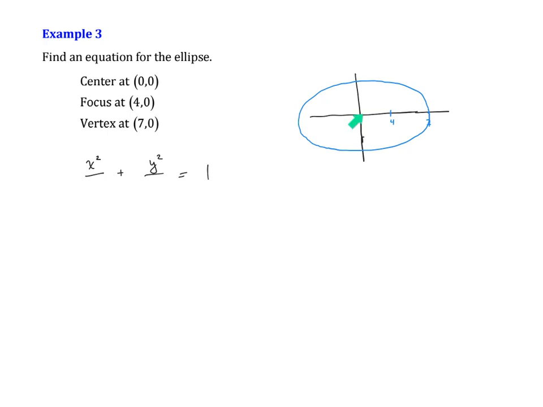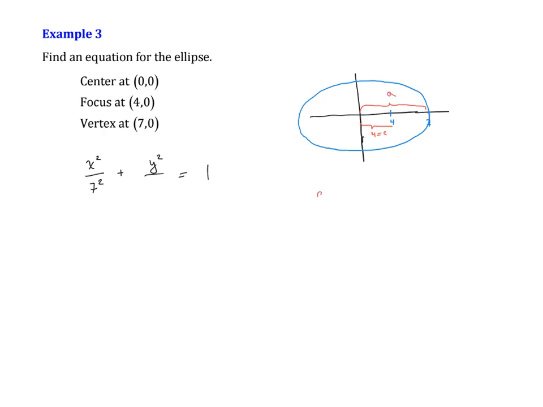Well, the distance away from the center to our vertex is 7. Now that's in the x direction, so that tells us that our denominator under x is 7 squared. Now what about the denominator for y squared? Well, the distance from our center to 4, our focus, is 4, that's c, and the distance to 7, our vertex, that's a.